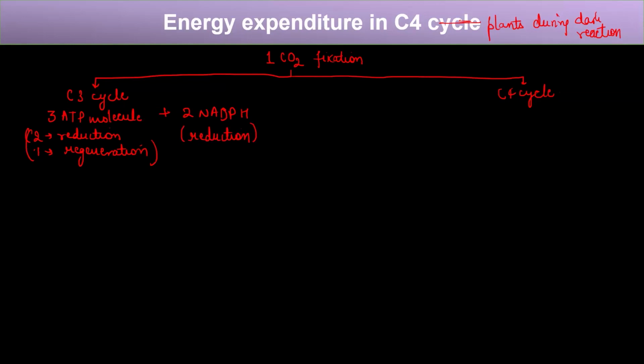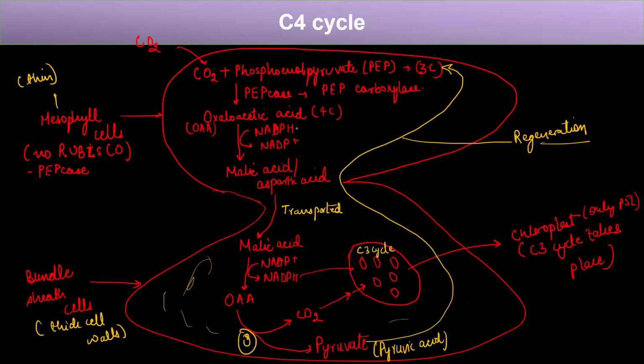While in the case of the C4 cycle, we need 2 ATP. Here NADPH is getting used, right? But in the bundle sheath itself, this NADPH is again getting regenerated.